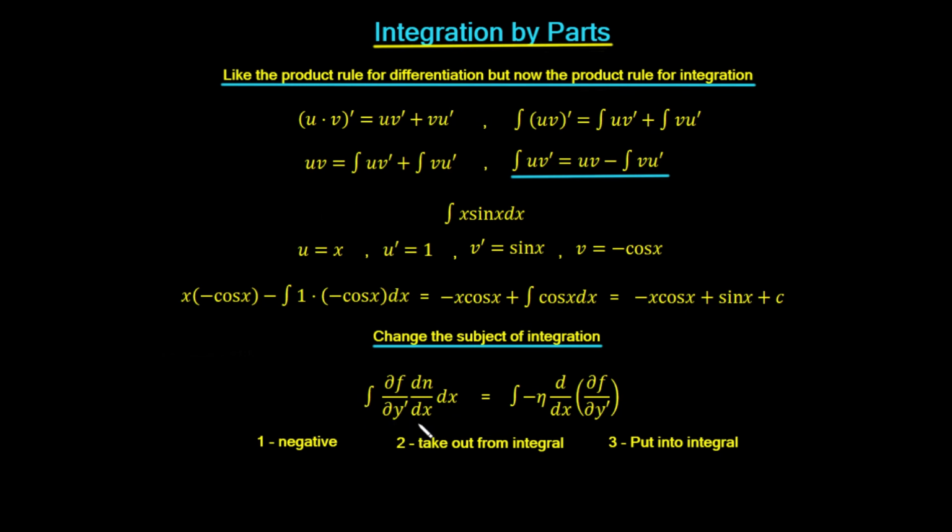So there are 3 steps here that we're going to use in order to rearrange this. One, in order to go from this equation to this equation, we make one side negative. The second thing we do is we take out from the differential.